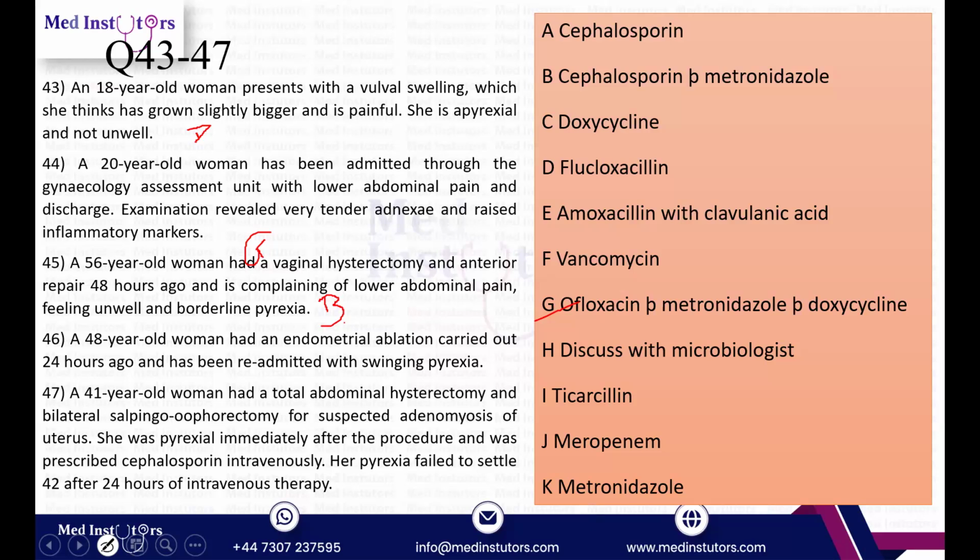They prefer giving cephalosporins for cesarean surgery as well. So cephalosporin plus metronidazole is the best broad spectrum antibiotic. We need to cover anaerobes, which is why metronidazole is important. So again, here it's B.